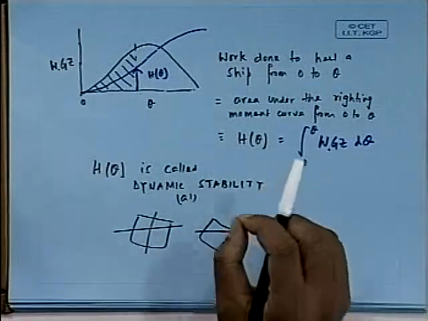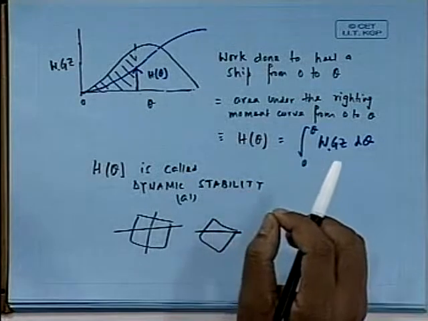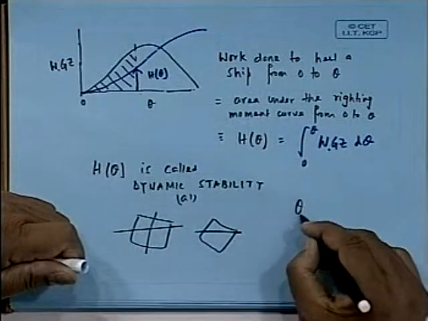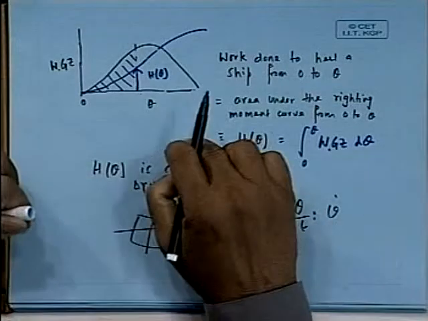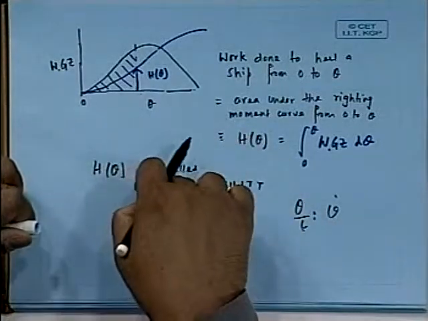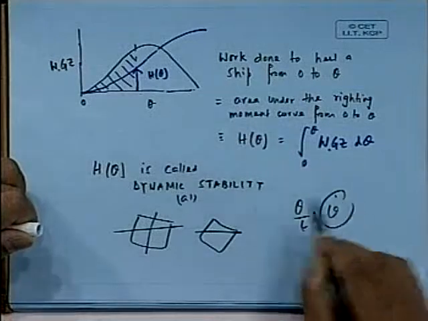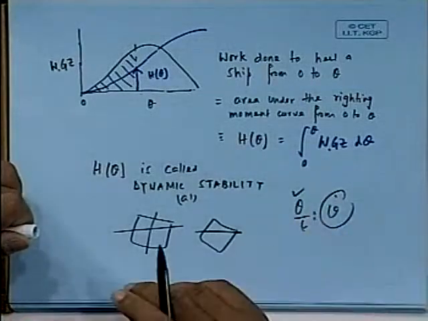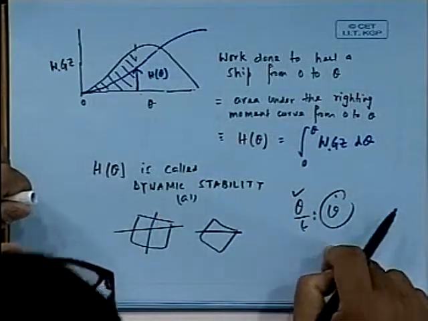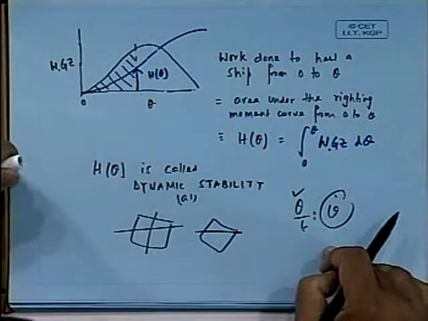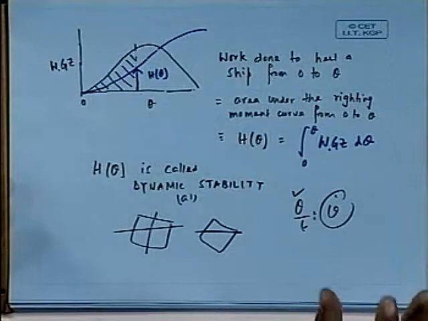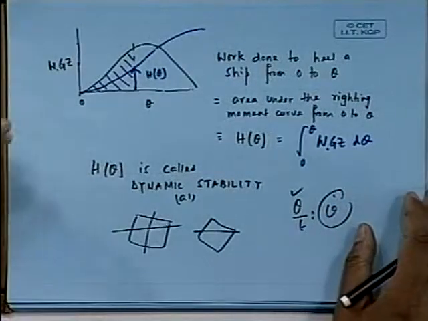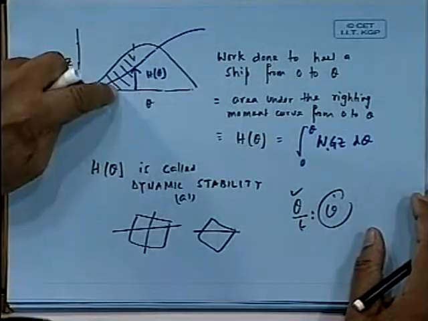There is no force coming because of the fact that I am changing theta with respect to time. So there is a theta dot. But in my calculation of hydrostatics so far, there is no force which is a function of theta dot. It is a function of theta, but not a function of theta dot. Therefore, strictly speaking, it is not at all a dynamic system. It is purely hydrostatics. But unfortunately or fortunately, in naval architecture, we call this dynamic stability.